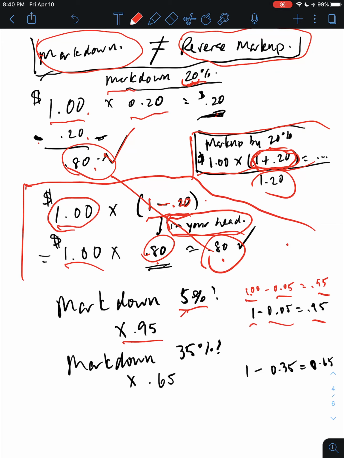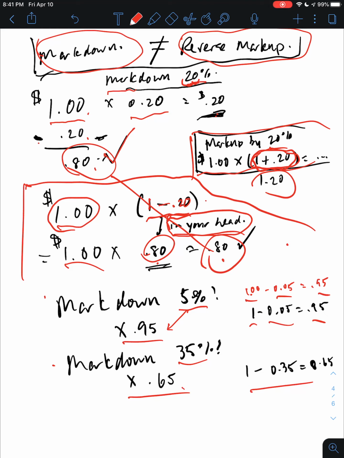All right, so I can do this magic factor in my head. What if I want to mark down by 35%? Magic factor is 0.65. And here's the calculation over here, but it's not hard at all. It's 100% minus 35% is 65%. All right, so that's how we find these magic markdown factors, and then you can do the markdown in one step.